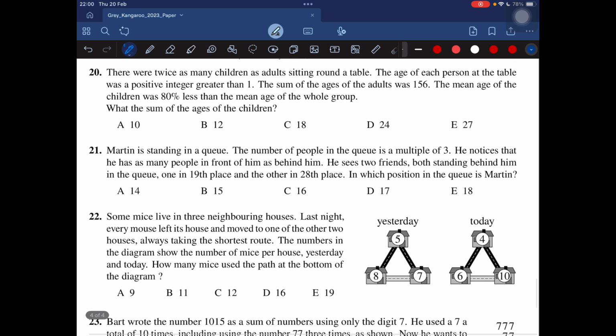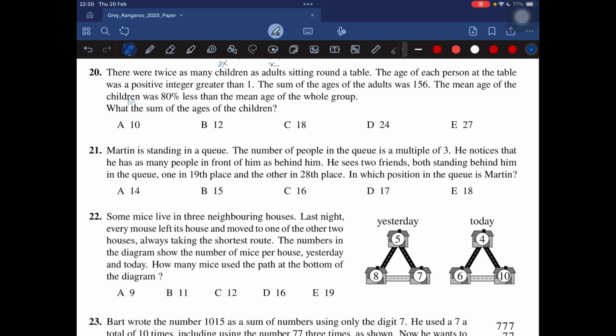So let's see, if the number of adults is x, then the children is 2x. Then let's say the whole group.